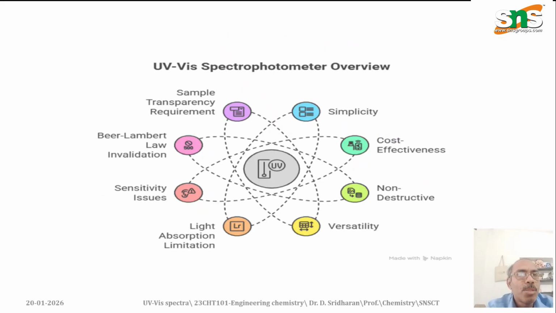For UV visible spectroscopy, the requirements are sample transparency, with simplicity and cost effectiveness. It is mainly an NDT, a non-destructive test, and is used for a very small quantity of samples. Nearly a few ml is enough to analyze the sample. There are also light absorption limitations, sensitivity issues, and Lambert's law.